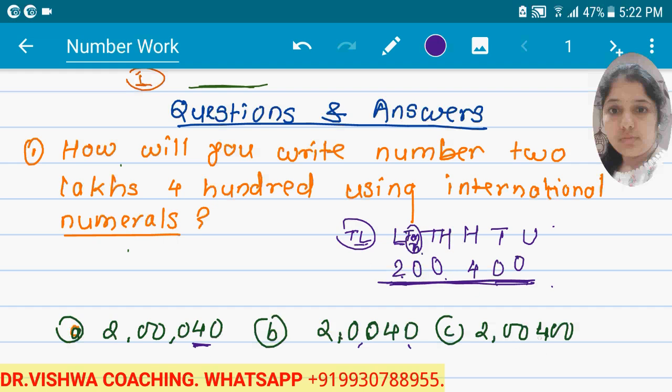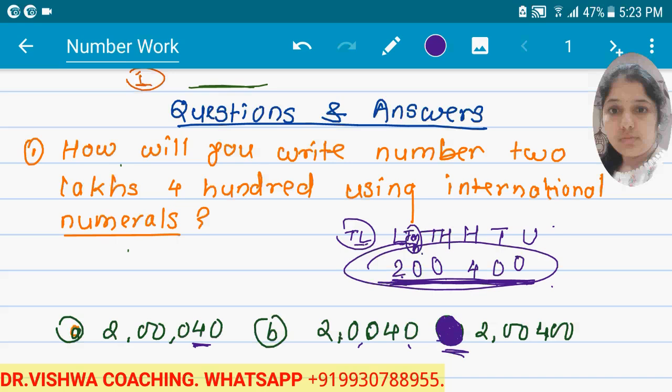Option C is 2,004,000, which means the same number we wrote is here at option C. So your answer is option C. And you have to fill the circle like this: completely filled, no wide gap, not going outside the circle, and no space remaining inside the circle.